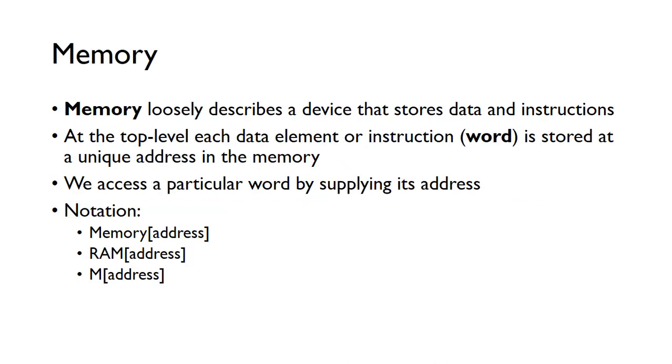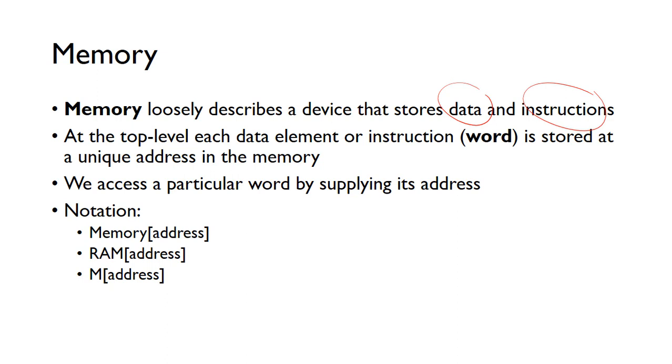So we're going to call memory a device that stores data and instructions. At the top level, it's got all these slots, and each slot can store different data elements or different instructions.